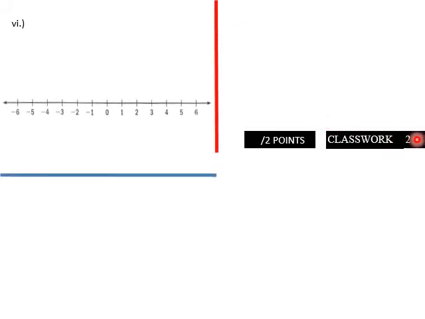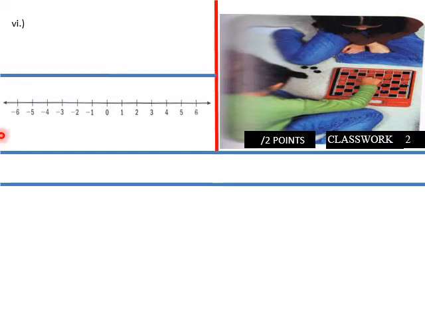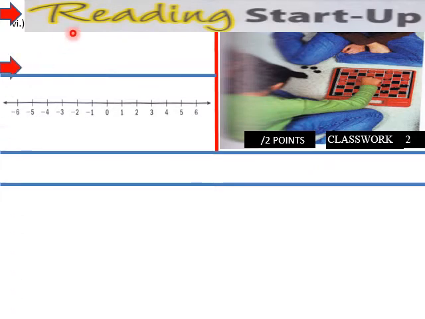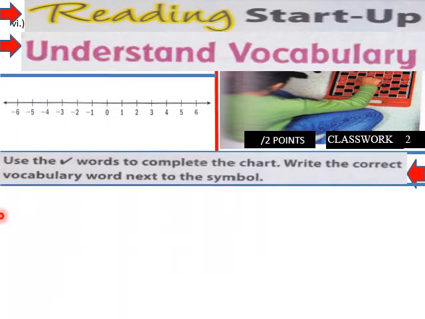Class worksheet, page 2. On your class worksheets, and if you get the course suite, you get all the class worksheets. Reading startup, understanding vocabulary. Use the check words to complete the chart. Write the correct vocabulary word next to the symbol.